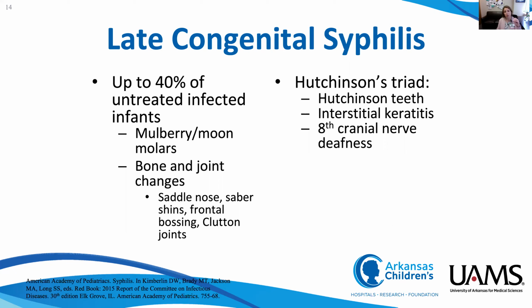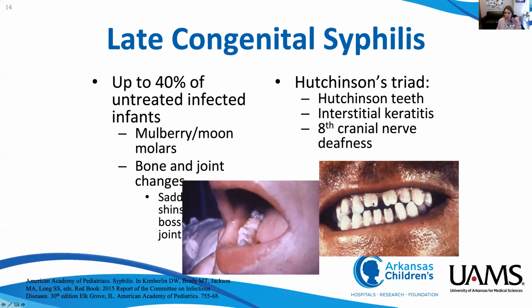And especially around the time of puberty, the Hutchinson's triad tends to become apparent, where kids have Hutchinson's teeth, interstitial keratitis, and eighth cranial nerve deafness. This is Hutchinson teeth right here, these notched incisors. And over here, you have the mulberry moon molars. So again, that is congenital syphilis manifesting after 2 years of life.